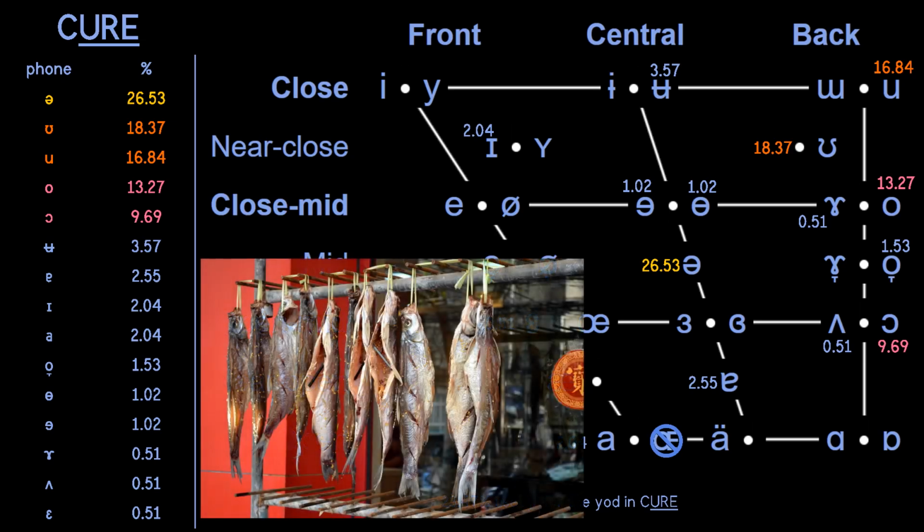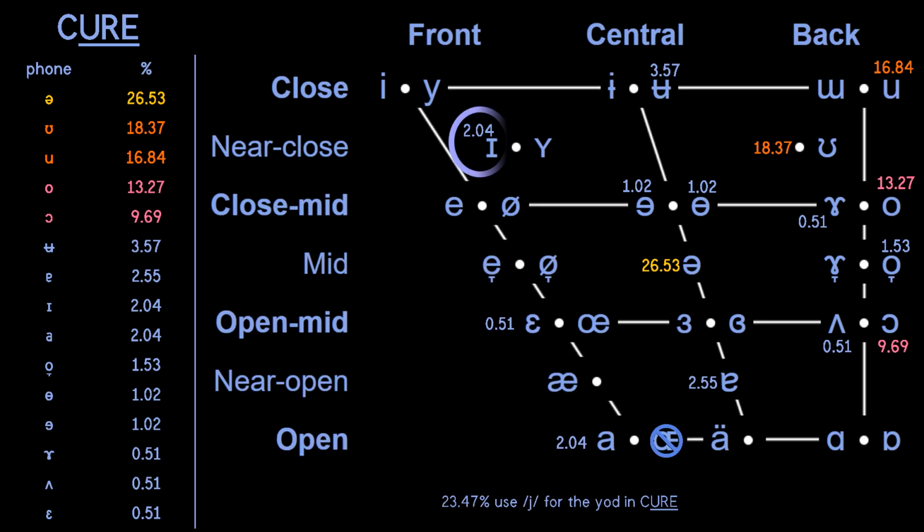Notice how the presence of the near closed front vowel is also due to accents which still use that phone as their yod instead of the consonantal form. Secondly, the schwa is the most common phone. Why is that? It's because the majority of us today slide this vowel. Consequently, it is effectively becoming a rhotic diphthong.